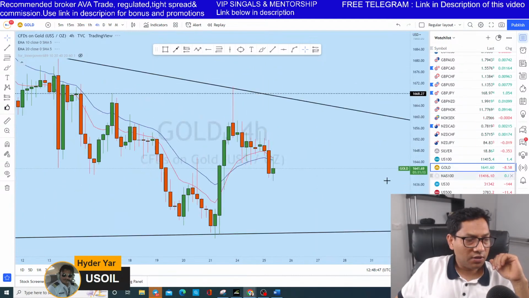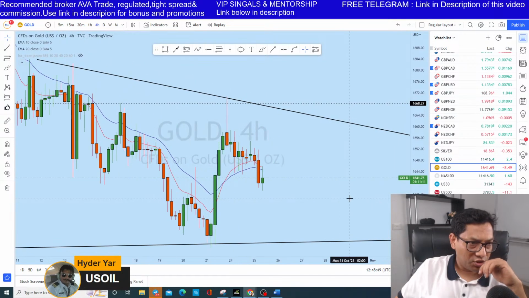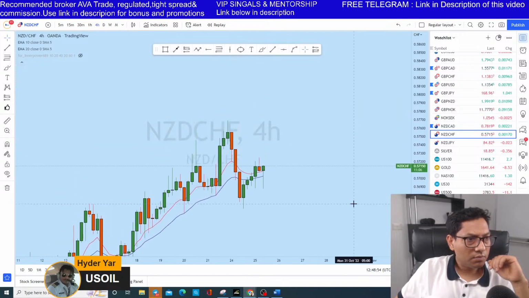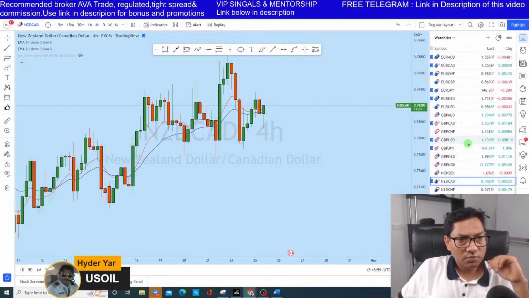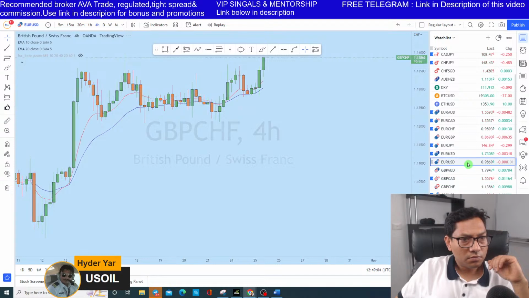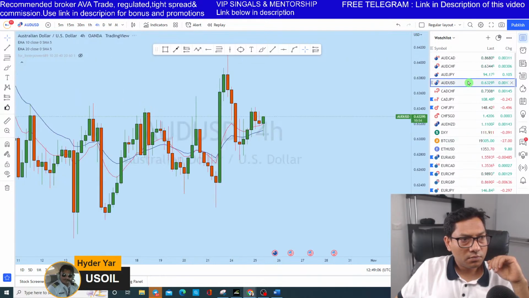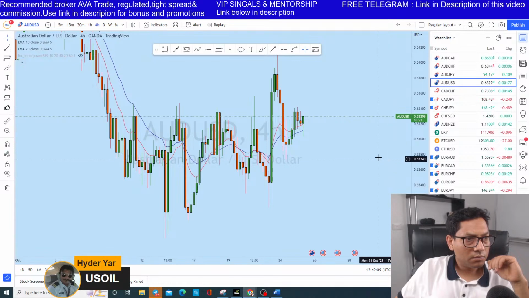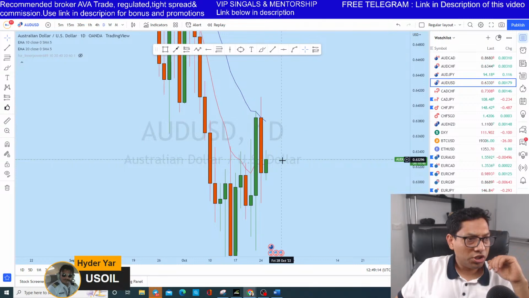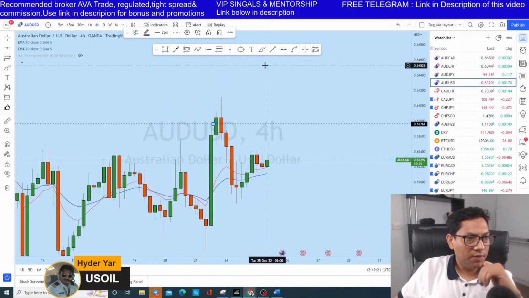That means gold also might show some bullish move. What I think is that the Aussie dollar will go in this move at least to this daily 20 EMA.